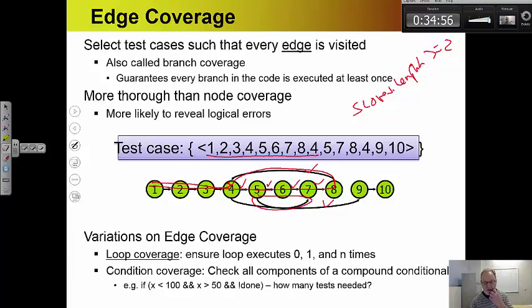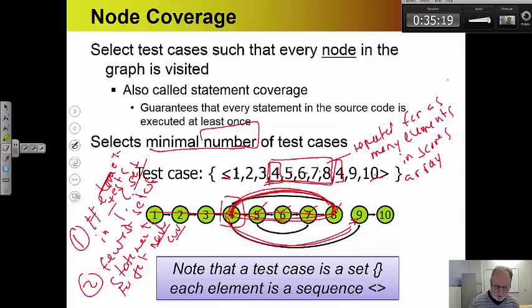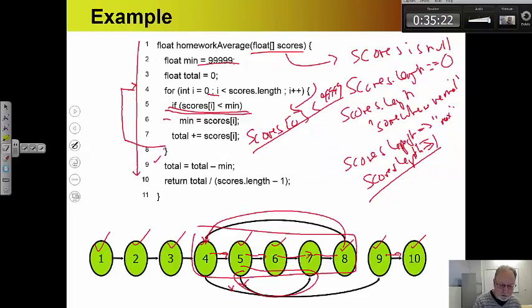And not only that, but for this particular test, we need to make sure that scores sub 0 is less than that starting point. And that will make min equal to score sub 0. But the next time around, we want to make sure we take this transition, and again, to remind you what the actual line of code was, this is the test: score sub i is less than min.